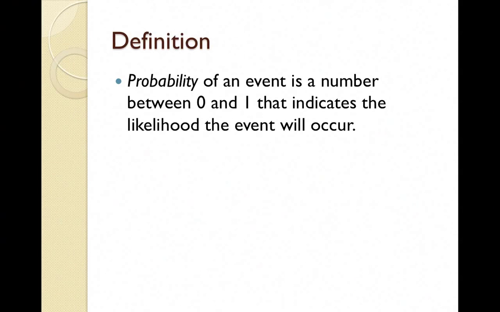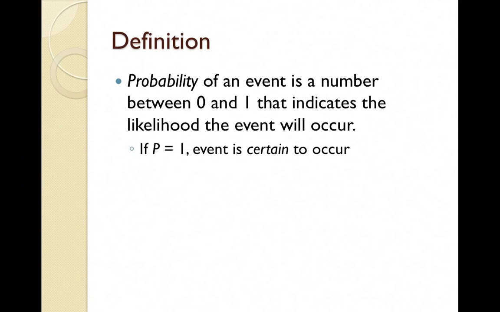So a little bit of definition first. A probability of an event is a number between 0 and 1 that indicates the likelihood that the event will happen. If I have a probability equal to 1, then we can say the event is certain to occur.